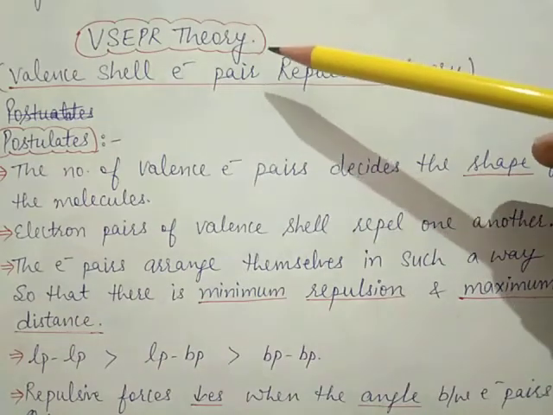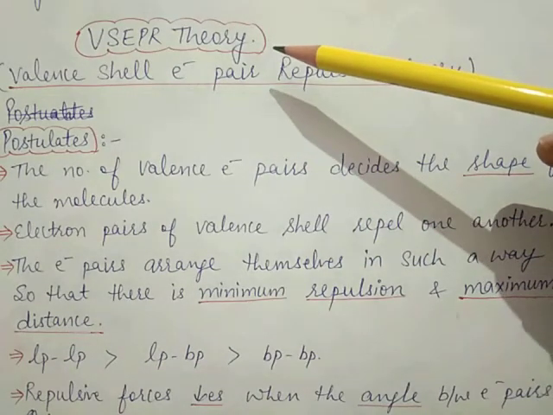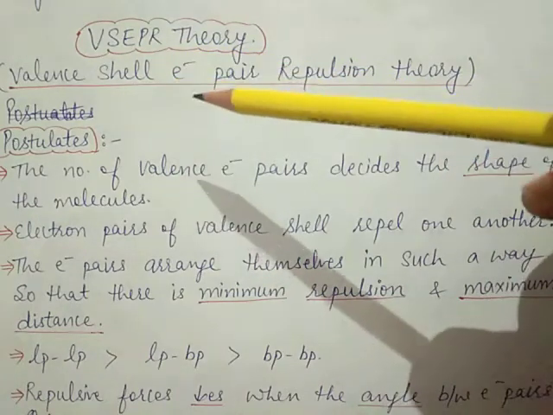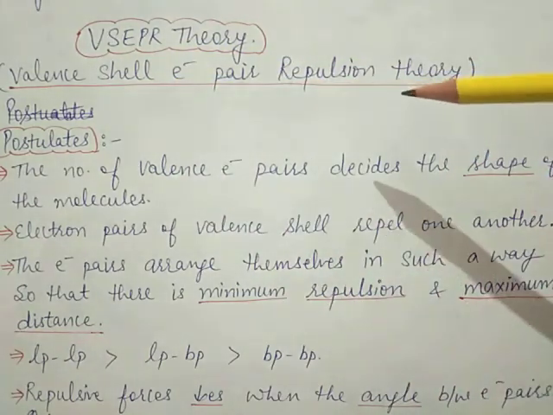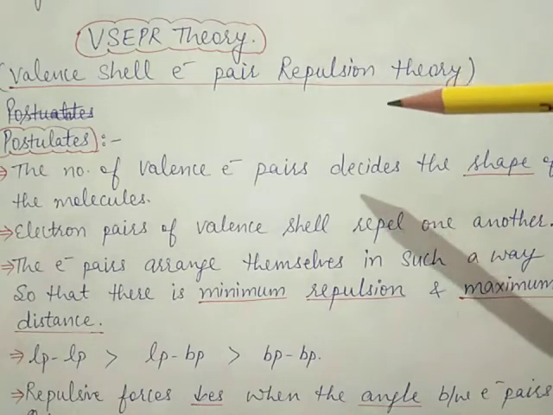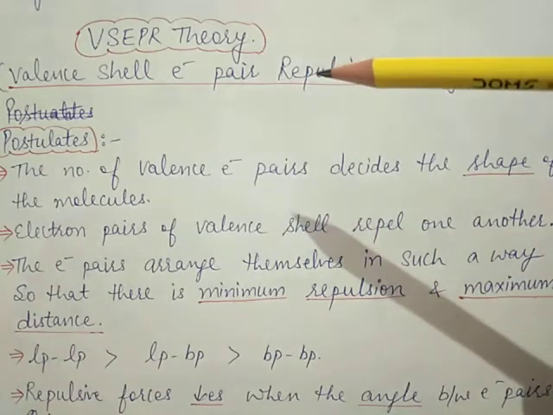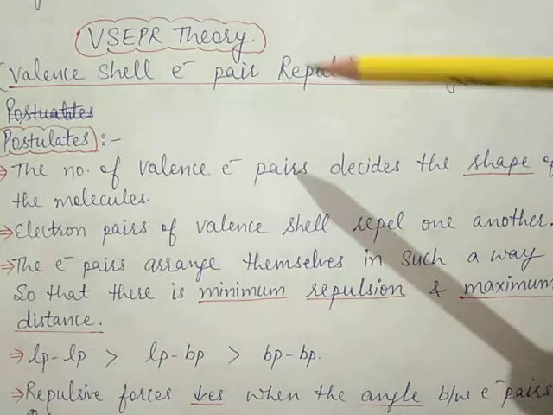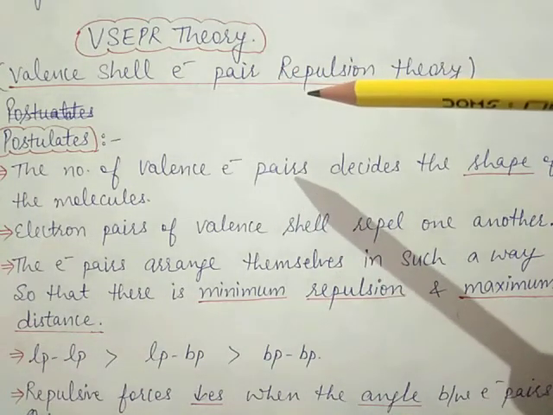Students, now the next topic is VSEPR theory. VSEPR theory means valence shell electron pair repulsion theory. Sidgwick and Powell gave this theory in 1940, which is based on the repulsive interaction of electron pairs in the valence shell of the atom.